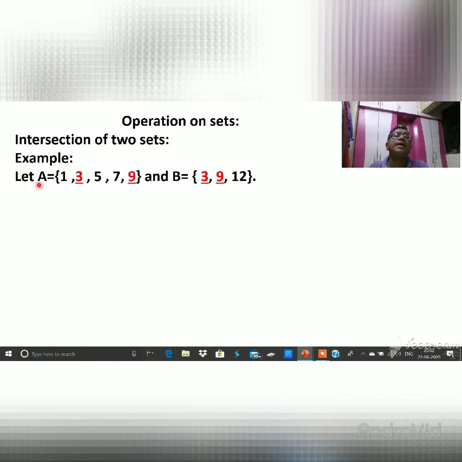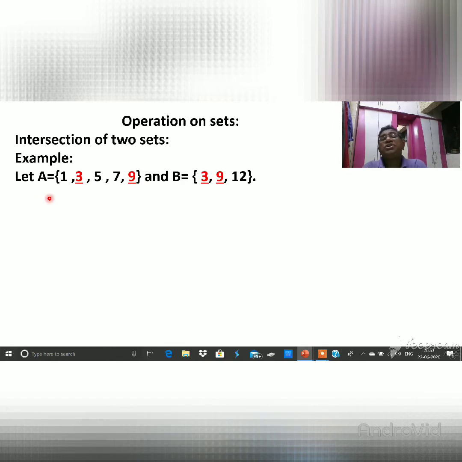Let A be the set having elements 1, 3, 5, 7, 9 and set B having elements 3, 9 and 12. So the elements of set A and set B are written. But if you observe the elements of the sets, for understanding well, what can we do here?